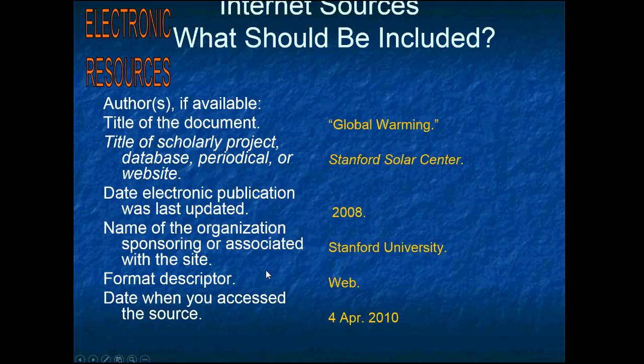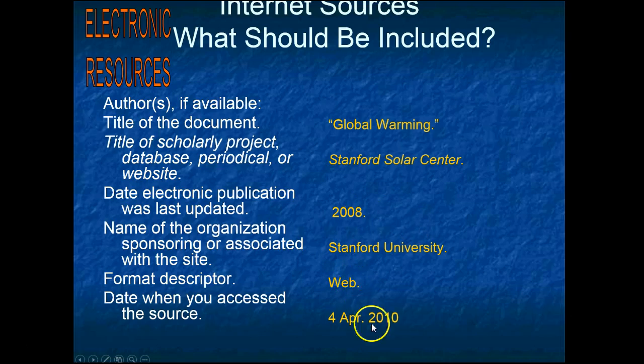If we take a look here, this explains it a little further. Again, it's another article that we found, maybe. Here we go. Author, maybe there's no author here. That's why there's no author located. The title in quotes. Here's the magazine name in italics. It was published in 2008. Stanford University published it.